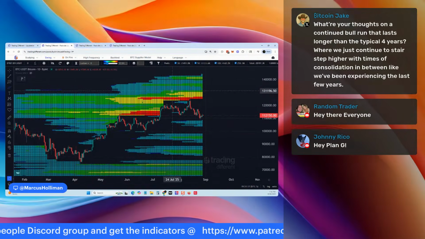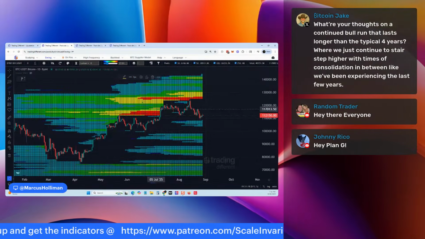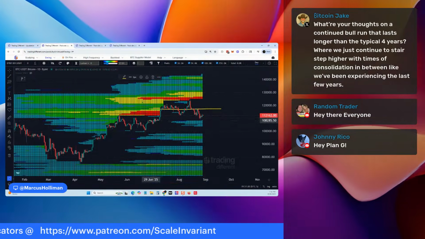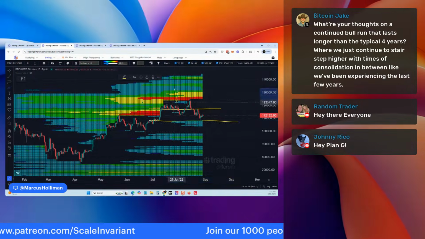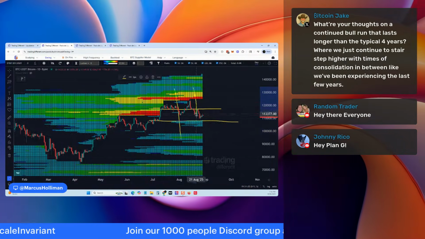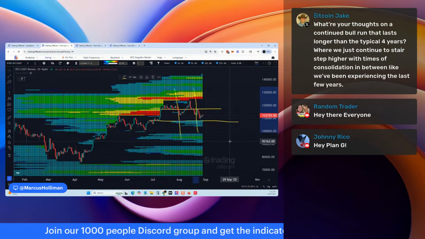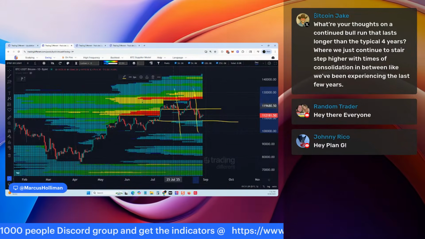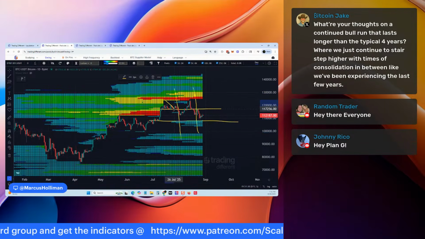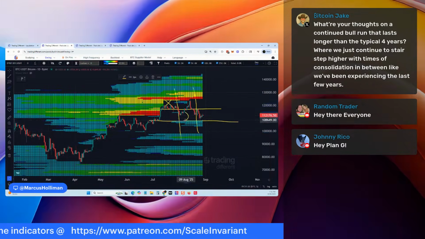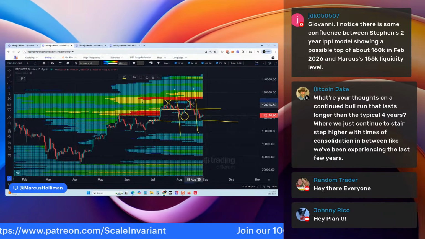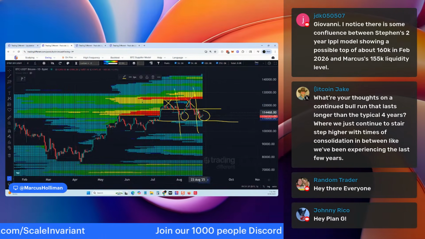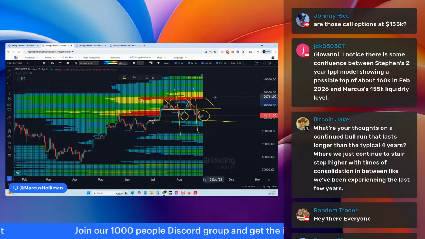Now for that diagram. Okay, here we go. We have a point of control here. We have a level here. We have another level here. And we have a level here. So that's a pretty complex diagram, right? So we have displacement here, accumulation here, displacement here, accumulation here, displacement here.